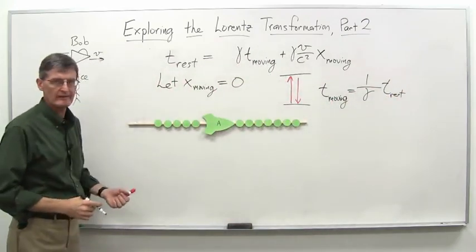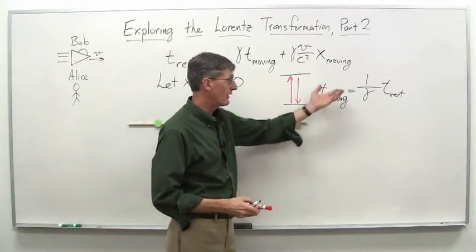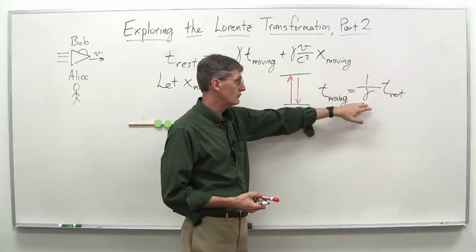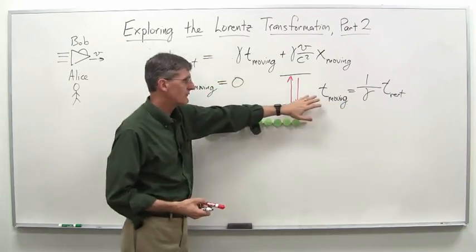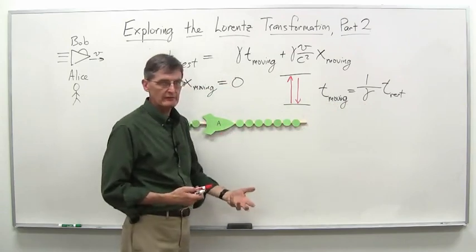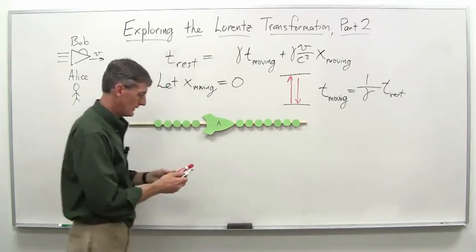Obviously, you can write it either way. But this emphasized, for us at least, the time dilation effect, gamma being greater than or equal to 1. So the elapsed time in the moving frame is slower than in the rest frame. Moving clocks run slow was how we termed that.